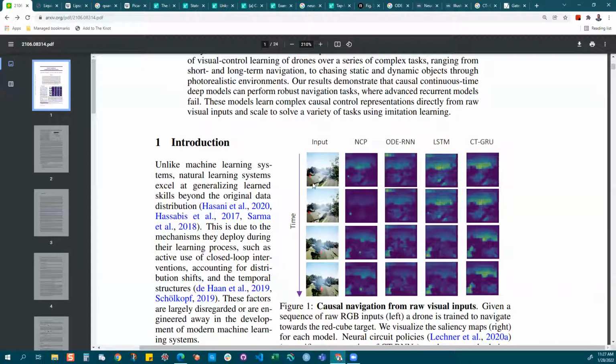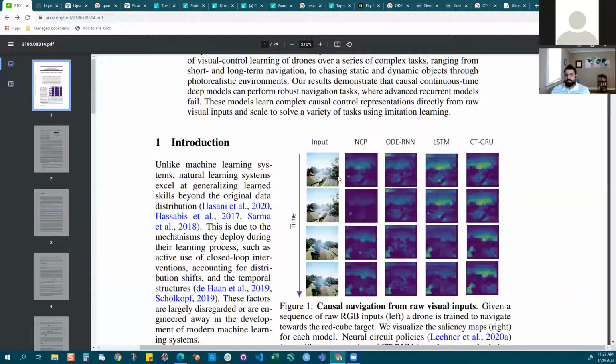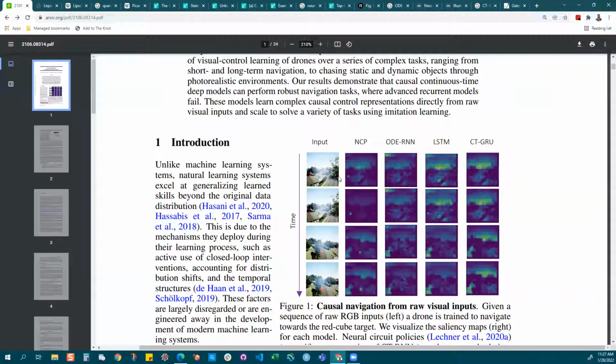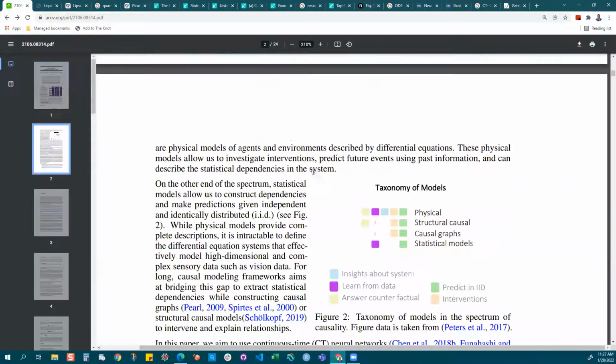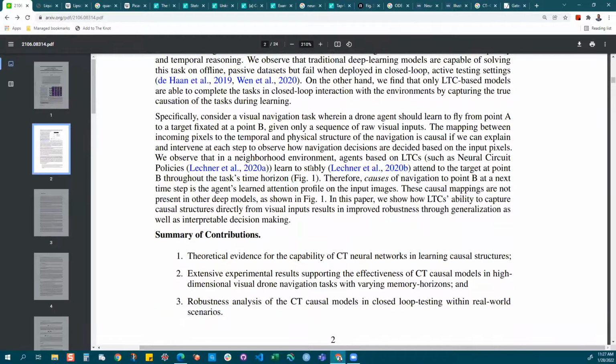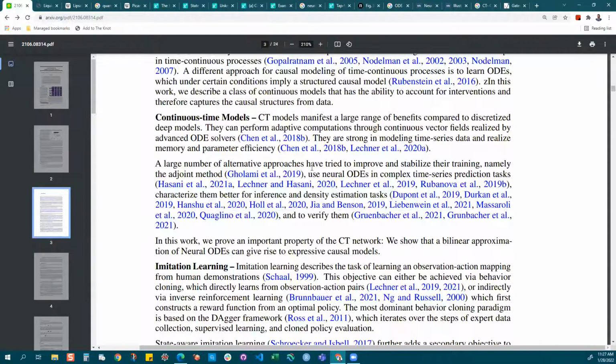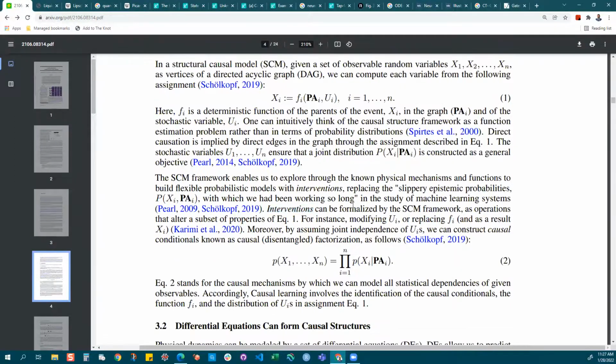If a drone starts from a location, point A, and goes to point B, it is exposed to different environmental variables, and they are considering those variables as interventions compared to a few seconds before that. So they are establishing causality based on this type of intervention, and they have the time variable as well. So that's how they're using causality or causal learning in their research.